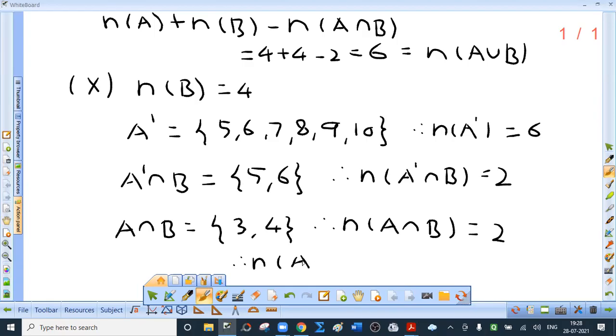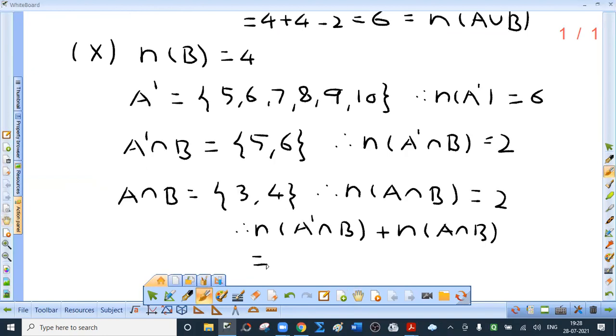So n of A dash intersection B plus n of A intersection B is 2 plus 2, 4, which is n of B. See, this is quite logical. If you consider a Venn diagram, I haven't drawn that, but set B consists of two parts: elements which are present in only B, how will you read this, B but not A, and elements which are common, right? So that's it.